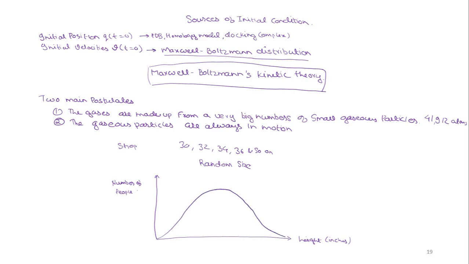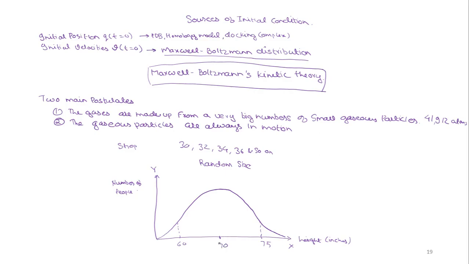In the given figure below, you have height on the x-axis and the number of people on the y-axis. Say for example, you have 75, 60 and 70 inches.